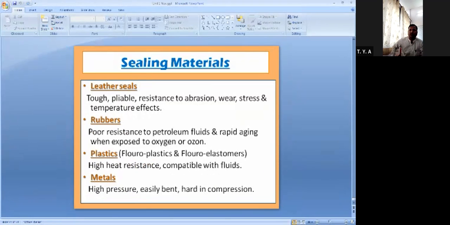Before going to sealing metal, let me know whether you understood or not. In the chat box say yes or no. Please reply in the chat box. May I proceed further?